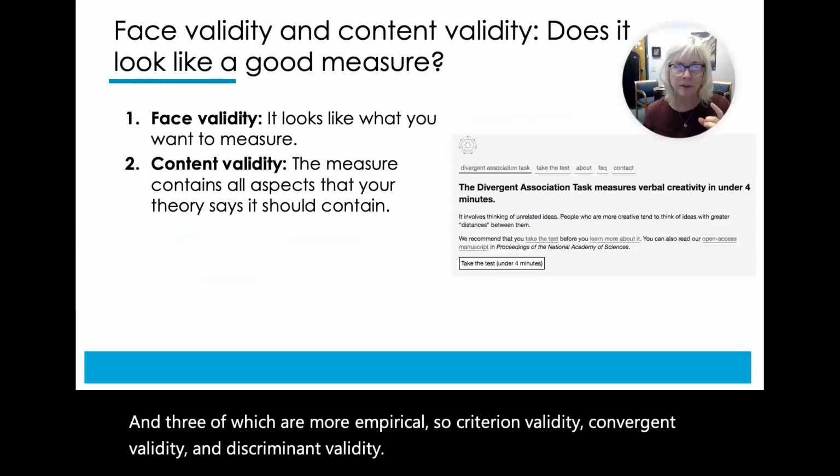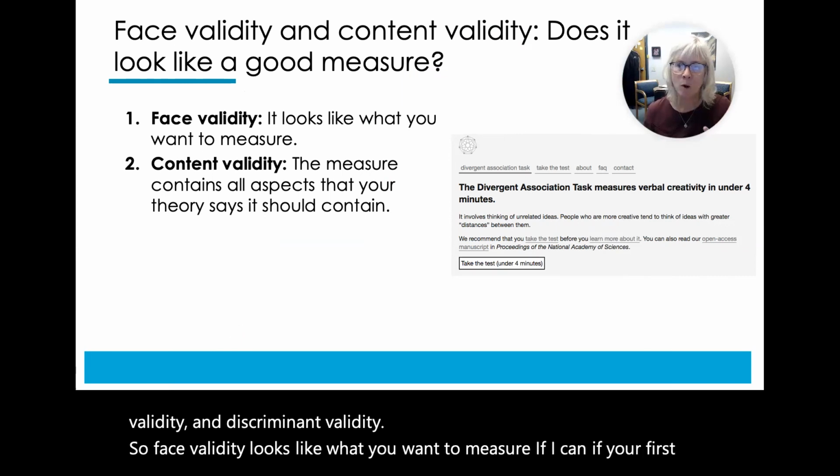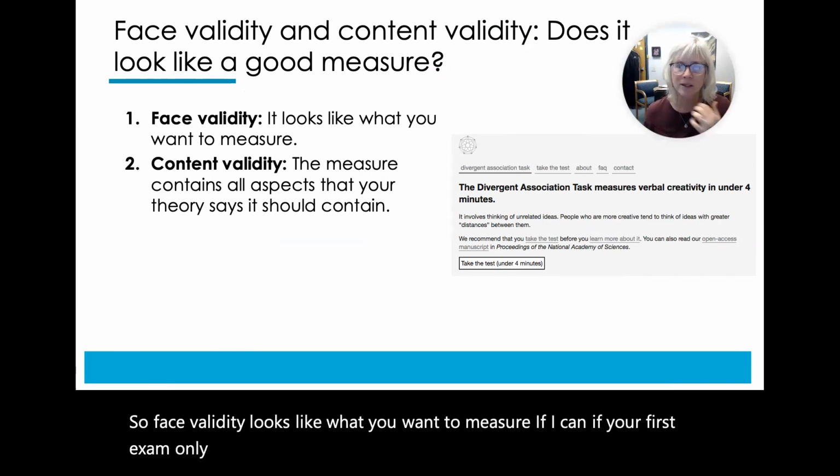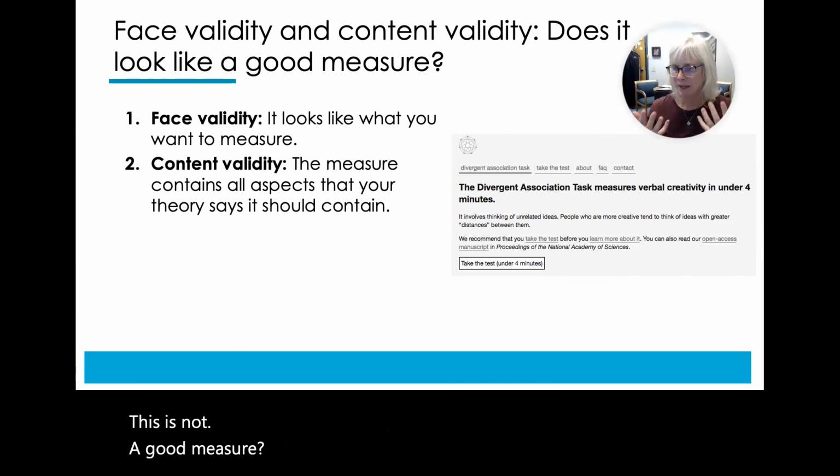Face validity looks like what you want to measure. If your first exam only had calculus questions, you'd say, this is not a good measure of my understanding of research methods.